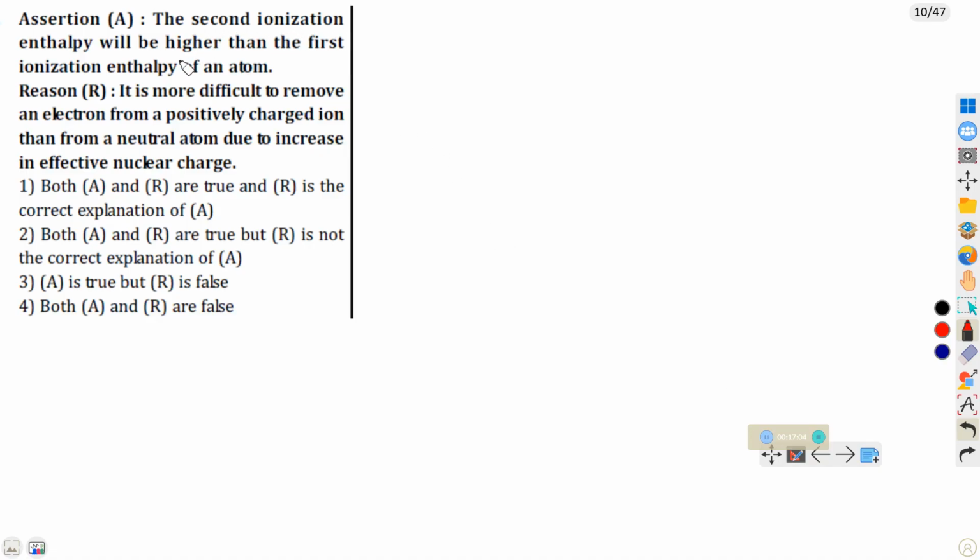The second ionization enthalpy will be higher than the first ionization enthalpy of an atom. Correct statement. In first ionization enthalpy, we remove an electron from a neutral atom. In second ionization energy, we remove an electron from a unipositive ion.